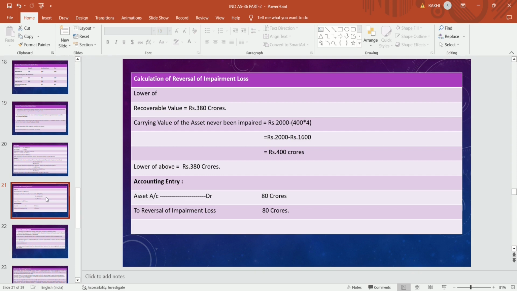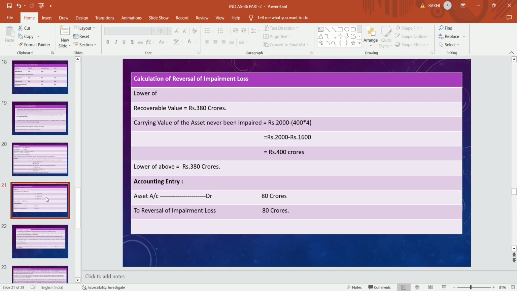Now the reversal will be taken as the lower of the recoverable value and the carrying value of the asset had it never been impaired. We will consider for impairment at the end of year 4 that there is a reversal of impairment loss.